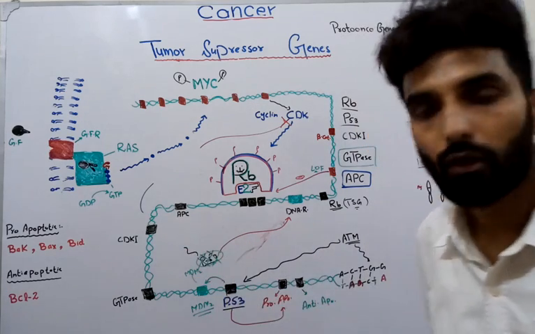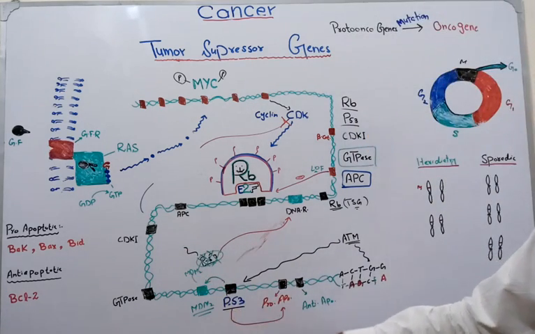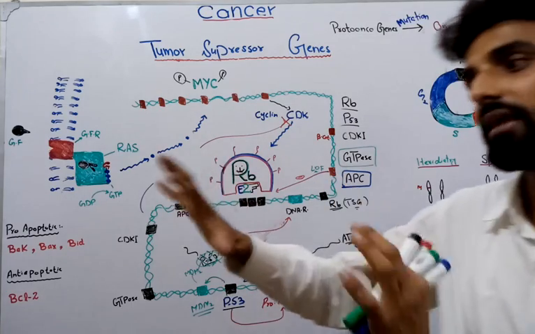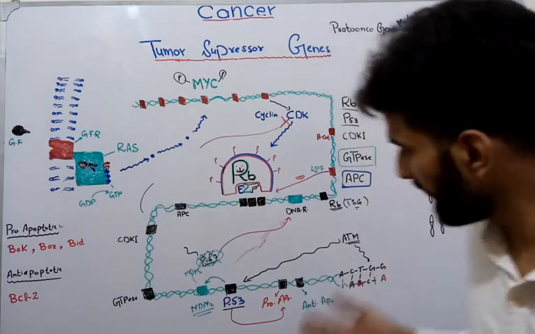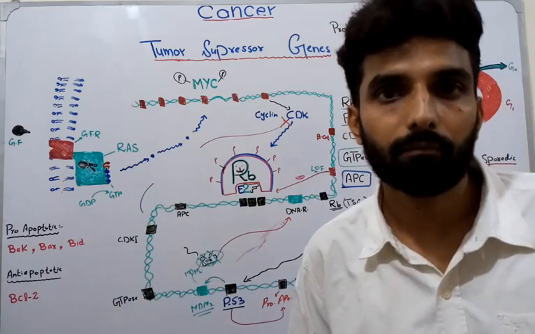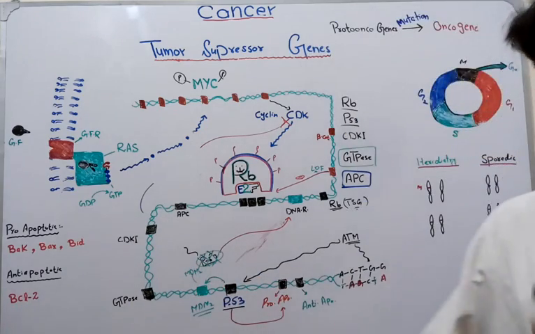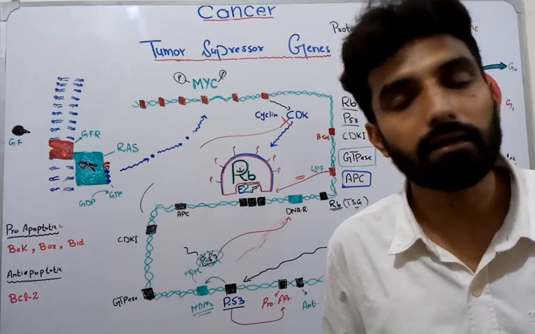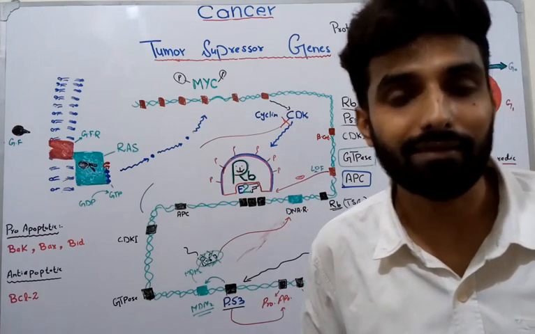So now this P-53 will lead a cell to programmed cell death, so that these mutations cannot transfer to the daughter cell. Because if these mutations transfer to the daughter cell, it means this will lead to cancer.